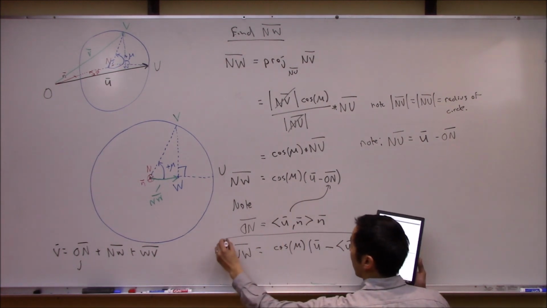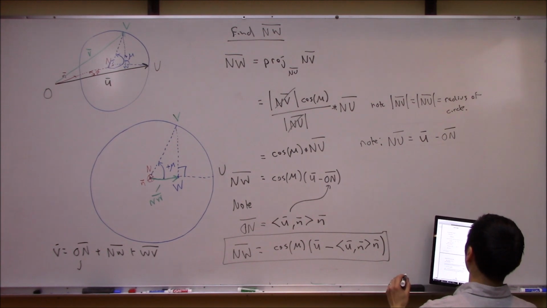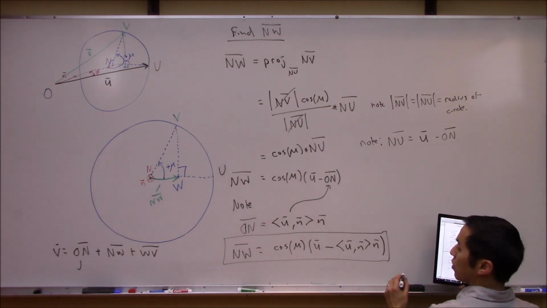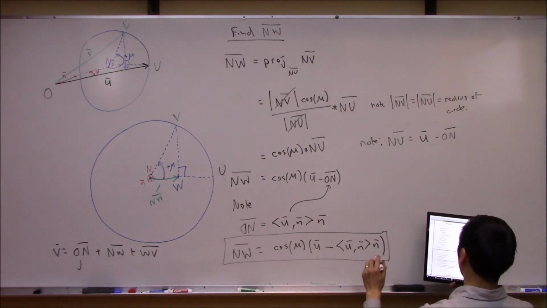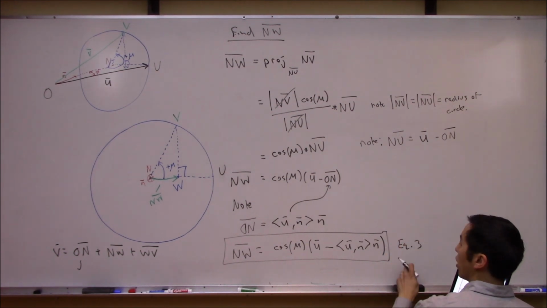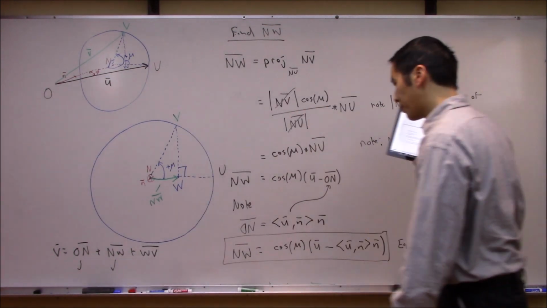Great, okay, box this guy up, right? Let's call this one, what did I label this thing as? Yeah, that's right here. Okay, so I called this one equation 3 in my notes. So great, that gets us NW, so we're done with that.